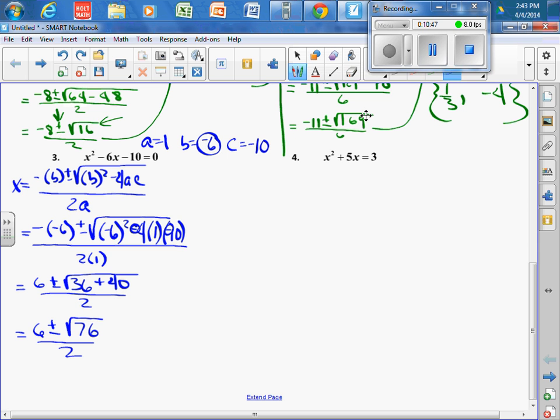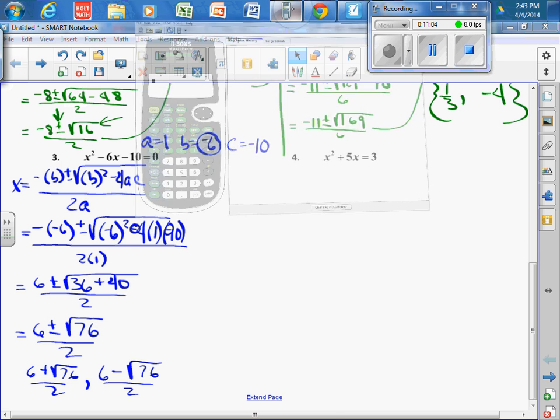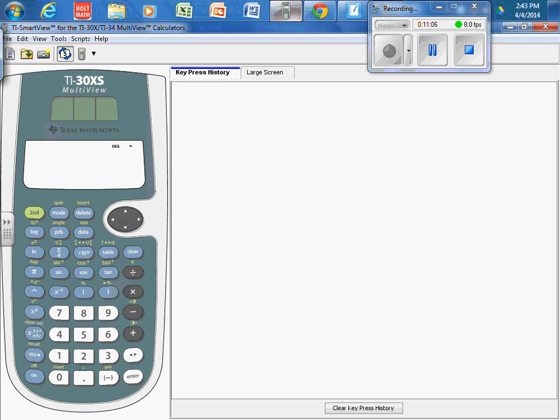Well, here's what's going to happen. We're going to break this up into 6 plus radical 76 over 2 and 6 minus radical 76 over 2. Now, if you have this style of calculator, not a problem. I would go ahead and punch your fraction button here, and in the numerator we're going to have 6 plus radical 76.